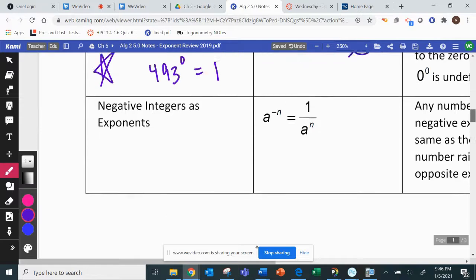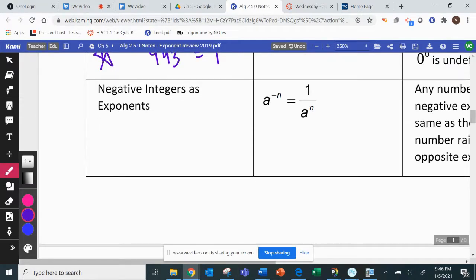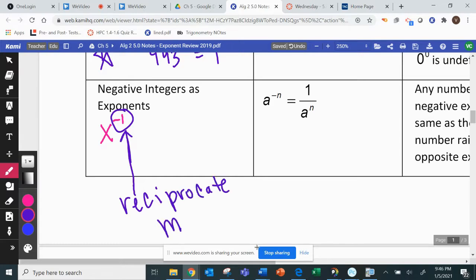All right, and then this one, negative integers as exponents. If I have x to the negative 1, this negative 1 exponent is directions, and it says, reciprocate me. So we're going to reciprocate the base when you see a negative 1 exponent.